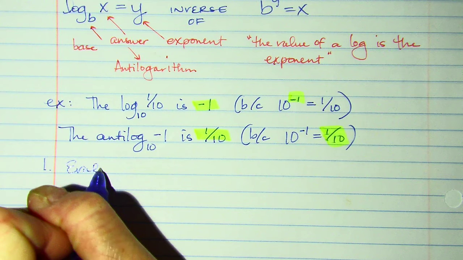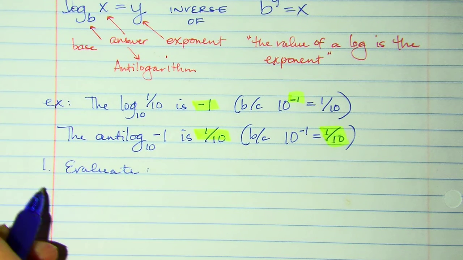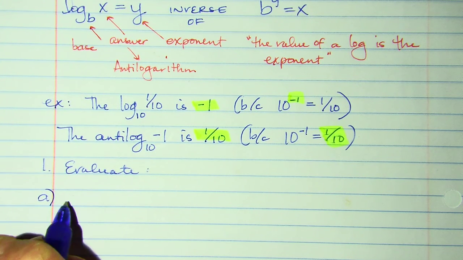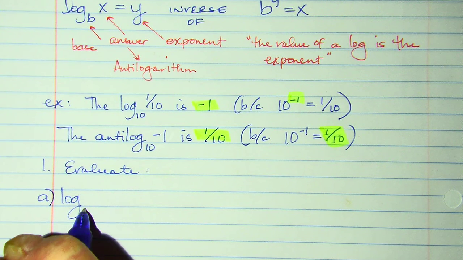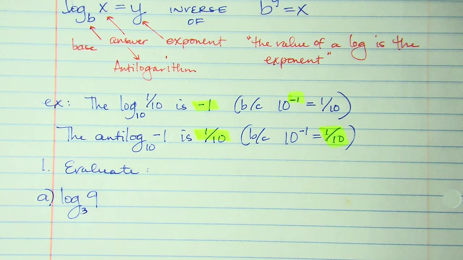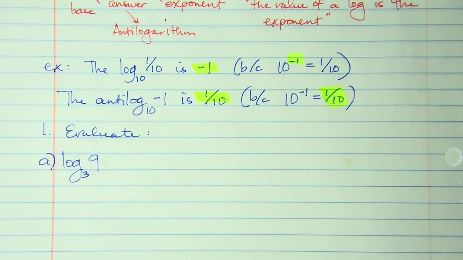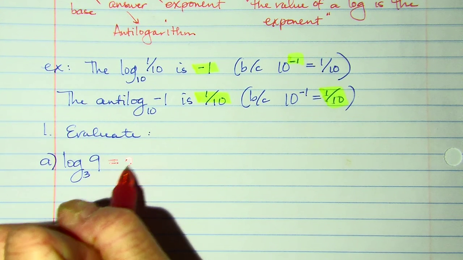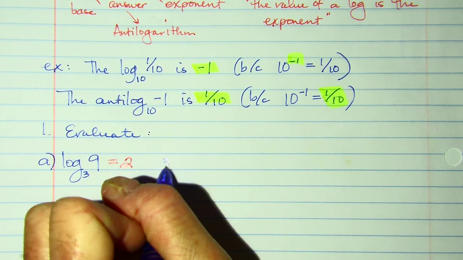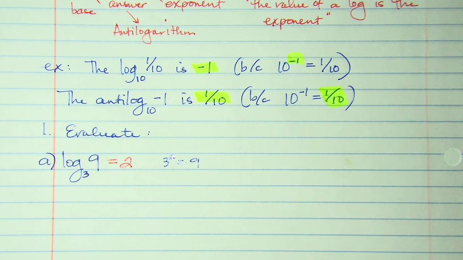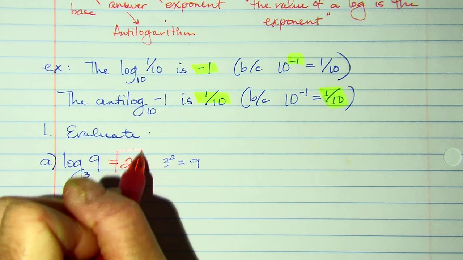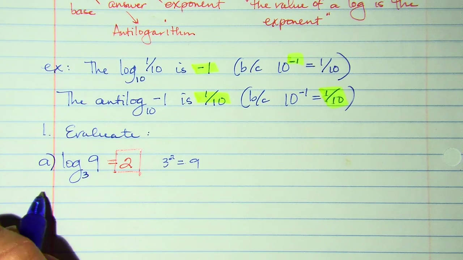Evaluate the following. So evaluate log base 3 of 9. I would state that the answer here is 2 because 3 squared equals 9. So the answer to this logarithm is 2. Now let's talk about the antilog.